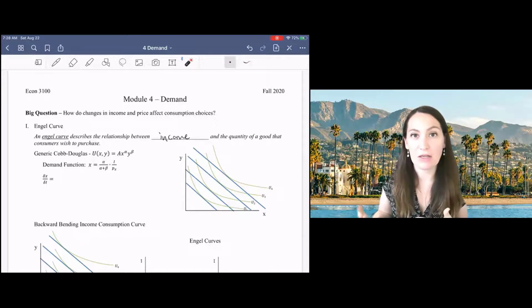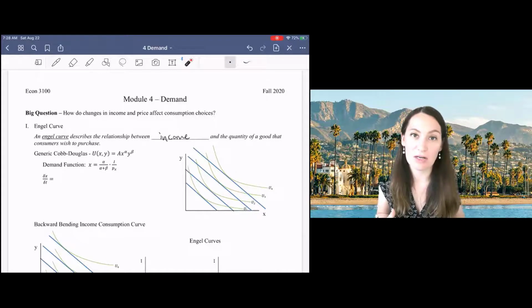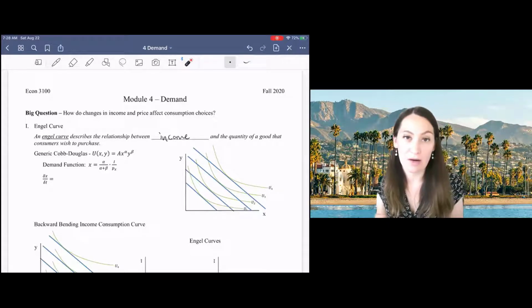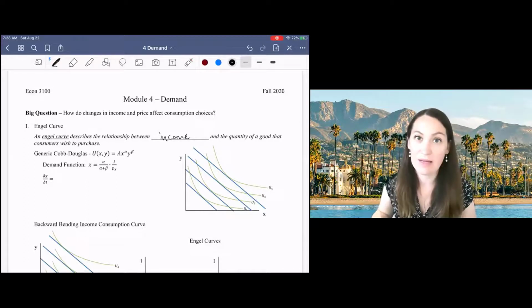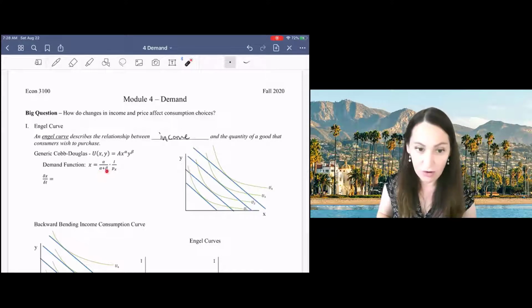And so what we want to do to see that is to take the derivative of our demand equation with respect to income. That will tell me something about how X changes when income changes. So that's pretty easy, right? Because basically, taking the partial derivative, I'm holding all these other variables constant.